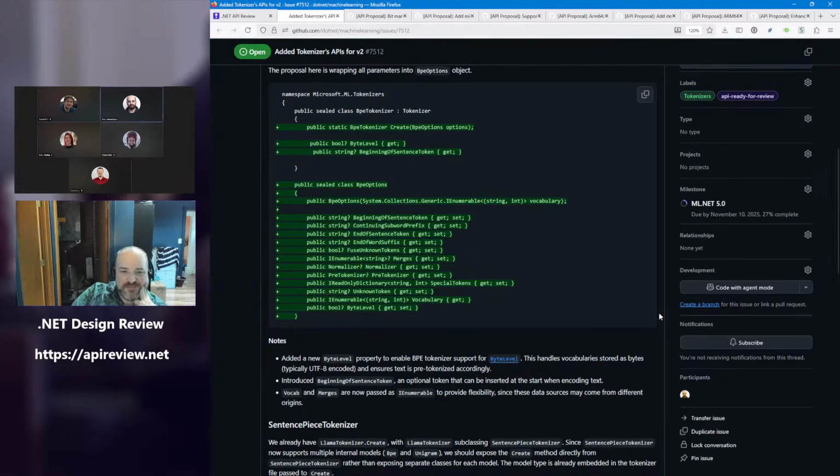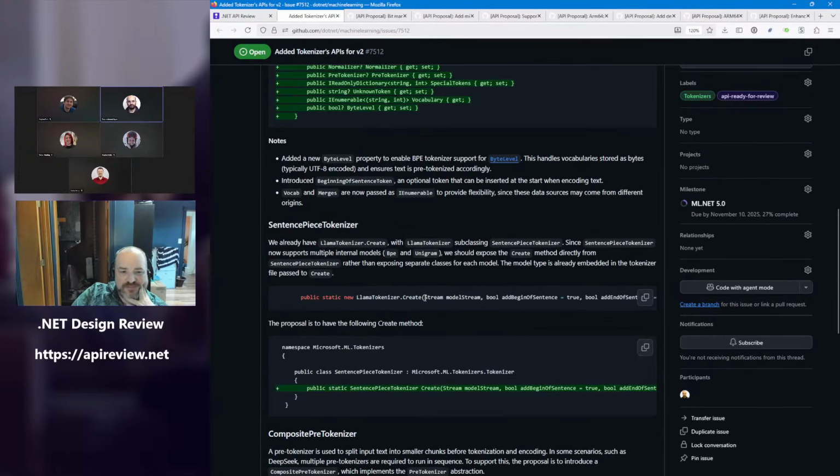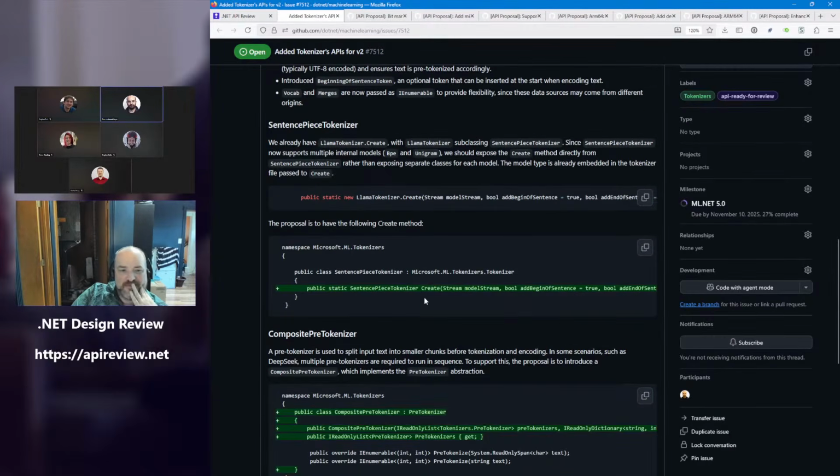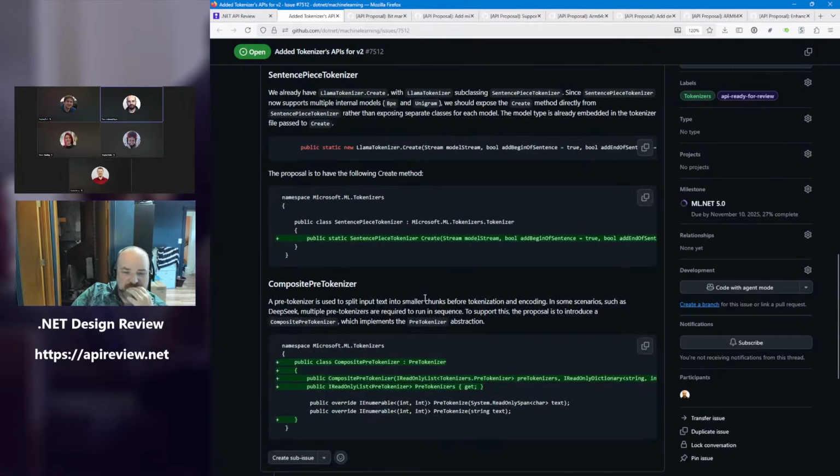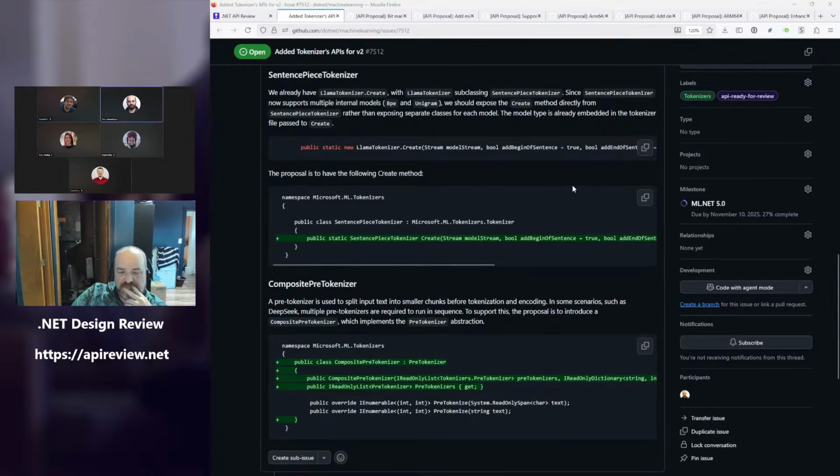Okay, the next part is related to what we call the SentencePiece tokenizer. This SentencePiece tokenizer is a tokenizer that depends on a specific file format encoded with a protobuf. This is the Google way to handle that.